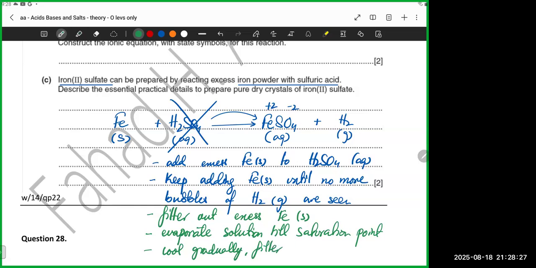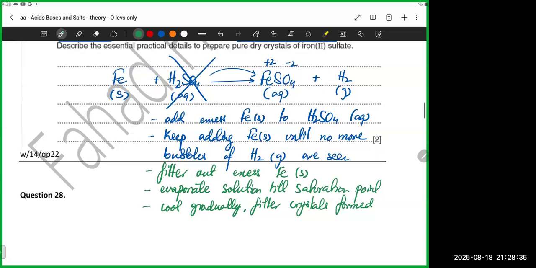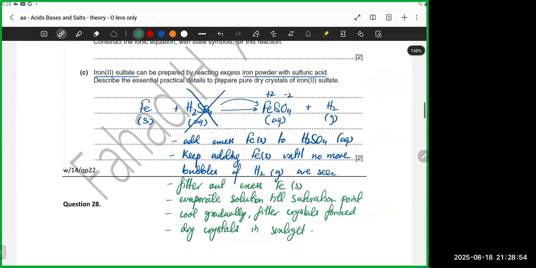Filter the crystals that are formed. And then dry the crystals in sunlight. Okay, so I guess the answer would have been this part only. The previous part he's already mentioned in the question.